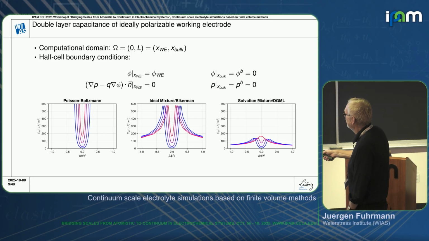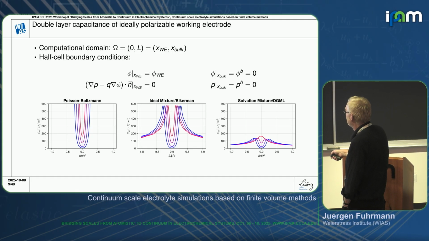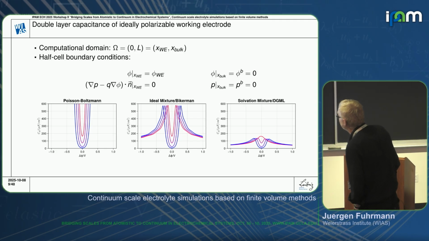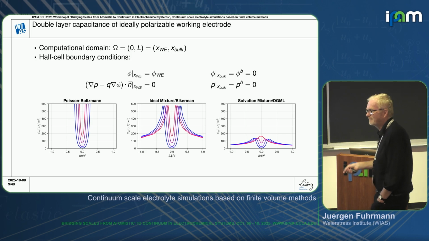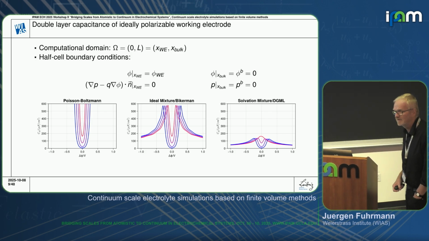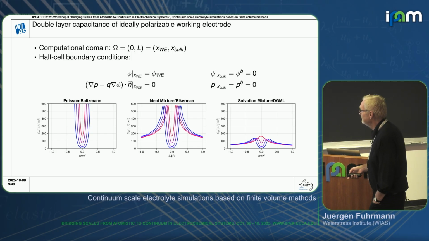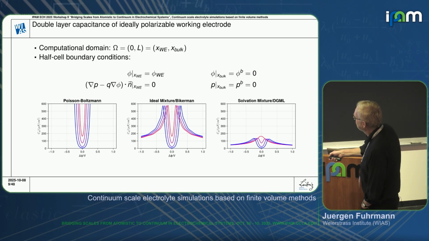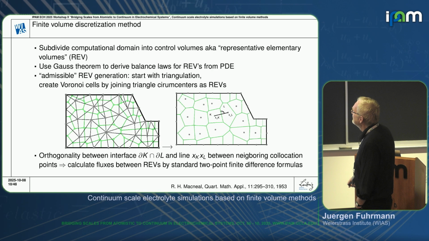With the ideal mixture or the Bikerman model, we see this camel shape, and we can go down to realistic experimental values if we introduce the solvation mixture by the model of Dreyer, Guhlke, Müller, Landstorfer. So this was essentially what Manuel talked about quite a bit. Yeah? So the different colors in the curves give rise to different molar concentrations here.